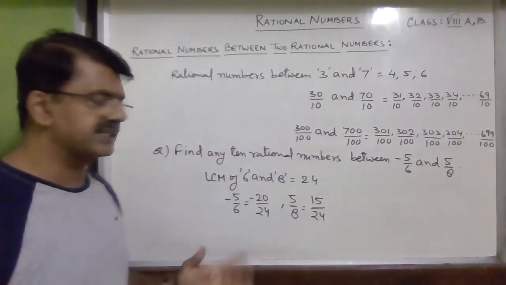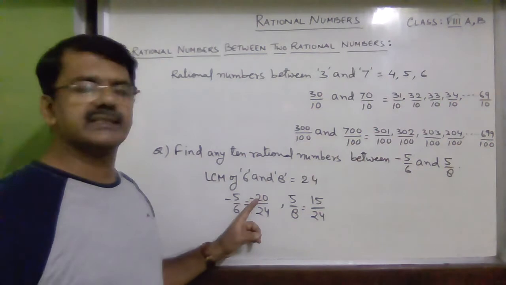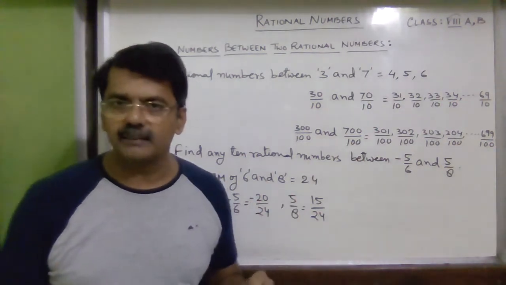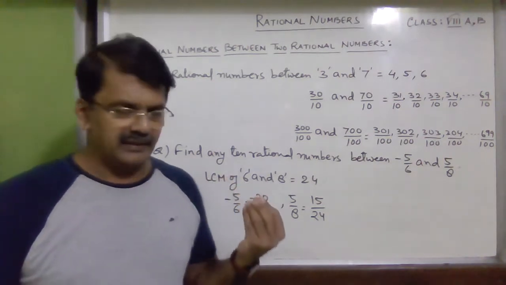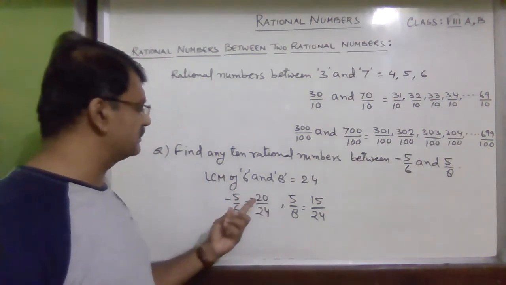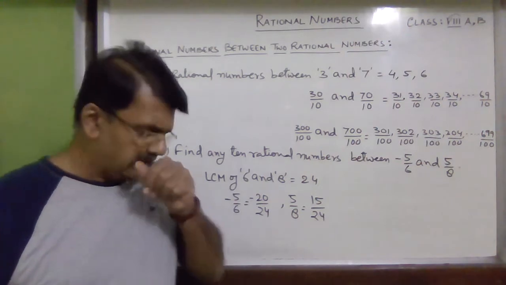Now denominators are the same. Now you see the numerator, it is -20 here and 15 there. So we can take any 10 numbers between -20 and 15.